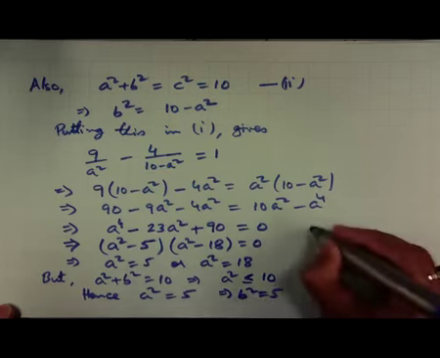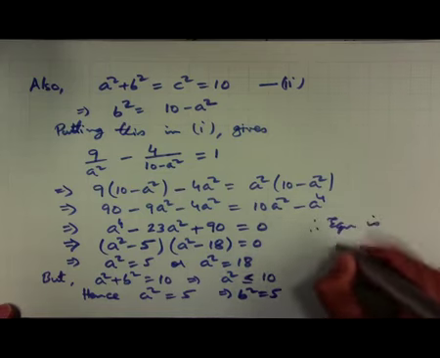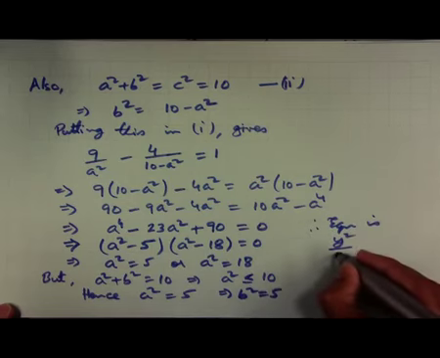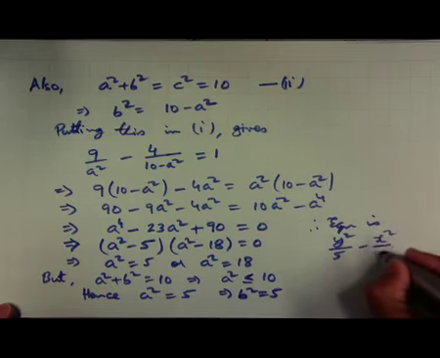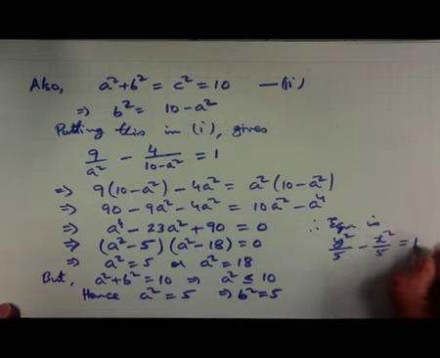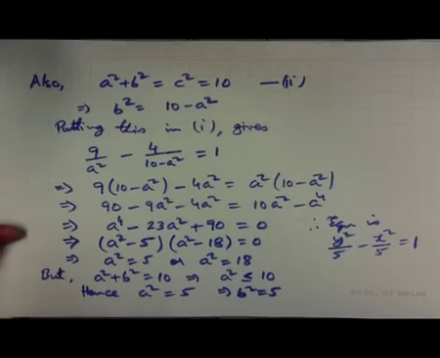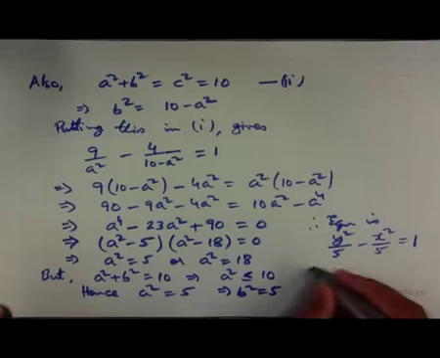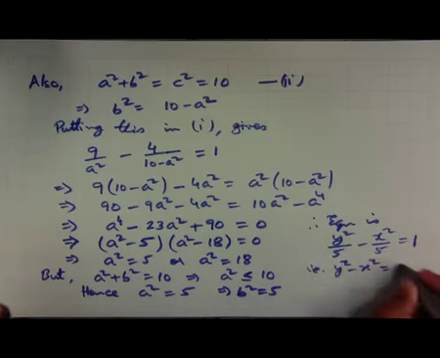Therefore, the equation is y square by a square, which is 5, minus x square by b square, which is 5, equal to 1. So, in this case a and b are equal, that is same thing as y square minus x square equal to 5.